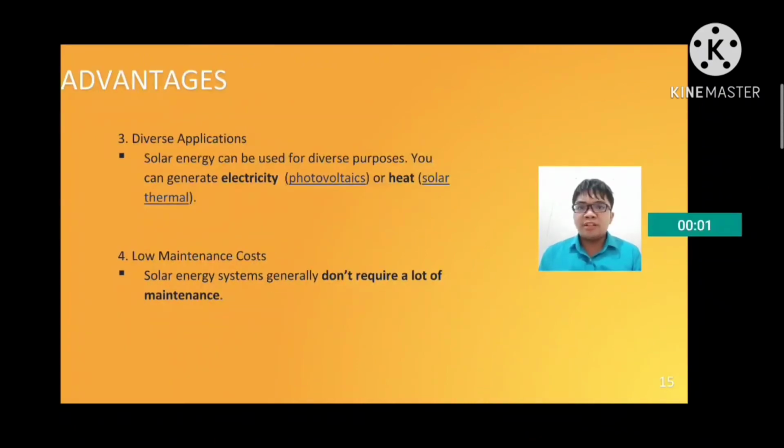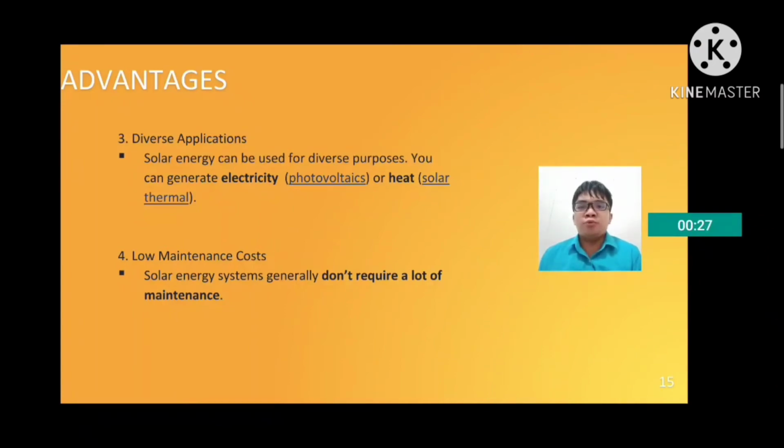Now let's discuss further the advantages of using solar energy. It has diverse applications, so it can be used for various purposes. We can generate electricity by the use of photovoltaics in areas without access to the energy grid. We can also produce heat by the use of solar thermal energy.